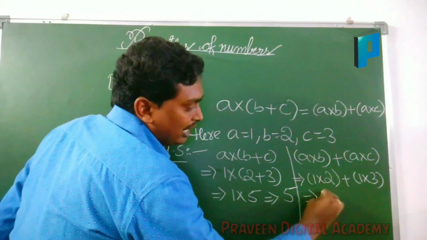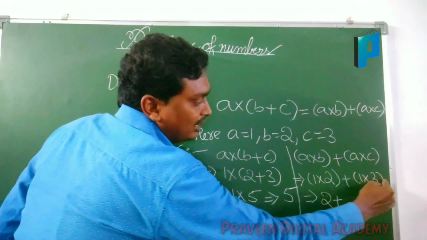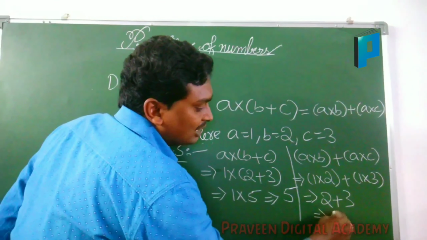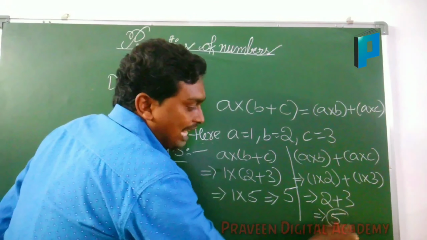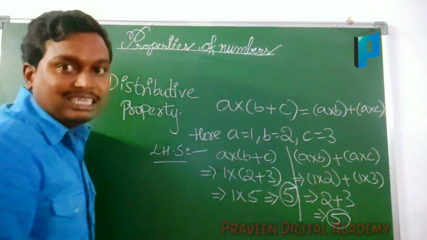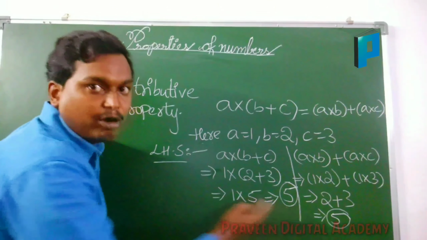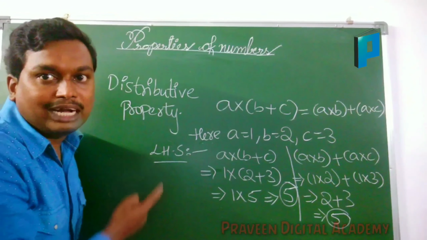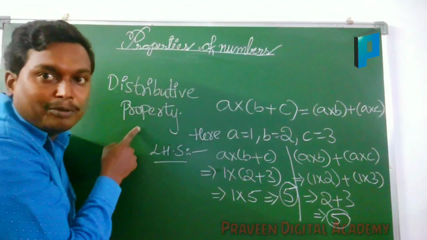What is 1 into 2? You will get 2, plus 1 into 3 is 3. What is the answer we got here? 5. Here RHS is 5, LHS is 5. Wherever we have this kind of property, that is called the distributive property.